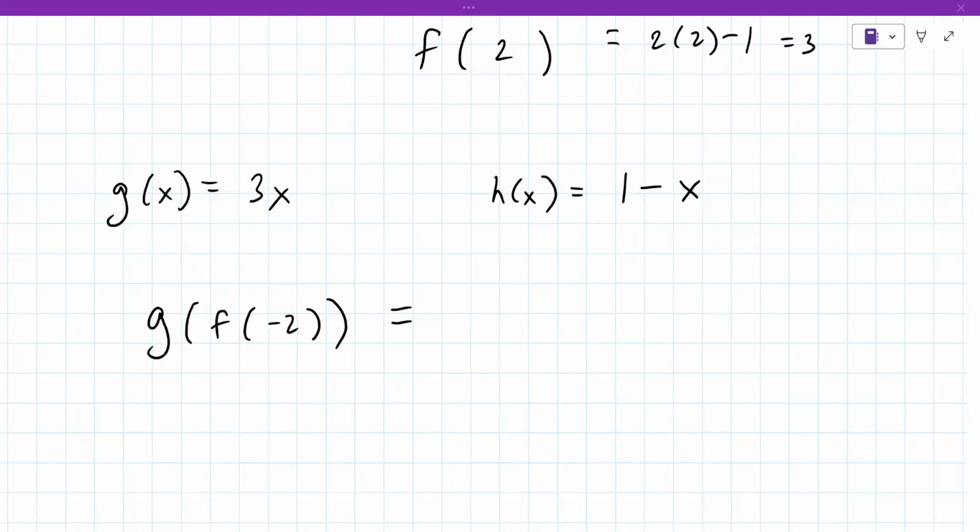What do you plug in for, or which equation do you use? Sorry, I gave the wrong letter. That's meant to be h.